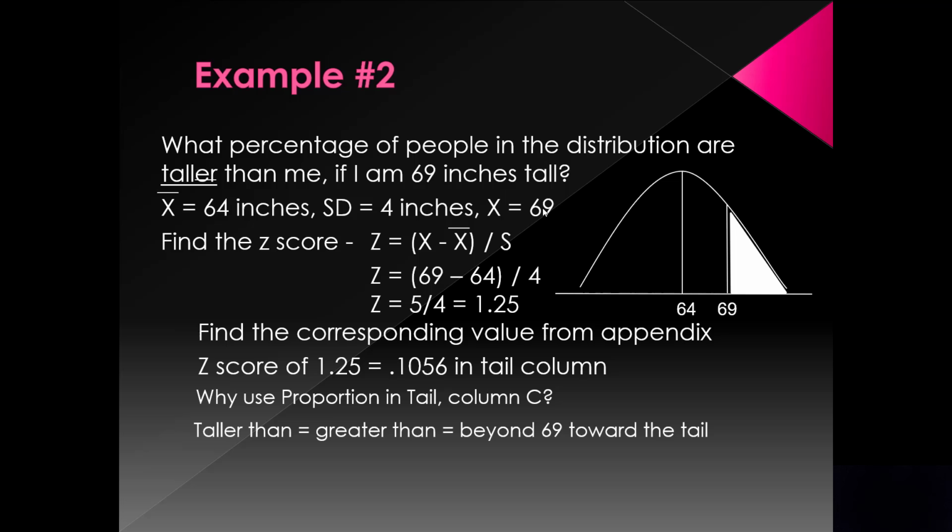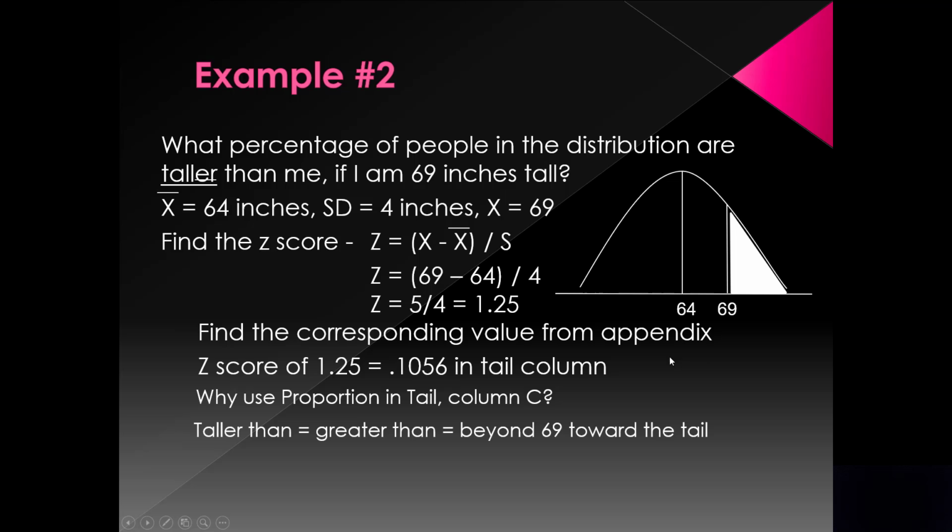So all you have to do is plug in these values to the problem. Here's the formula. Z equals the value minus the mean divided by standard deviation. The value 69 minus the mean 64 divided by the standard deviation 4. So it turns out to be 5 divided by 4 is 1.25, and that is your z-score.